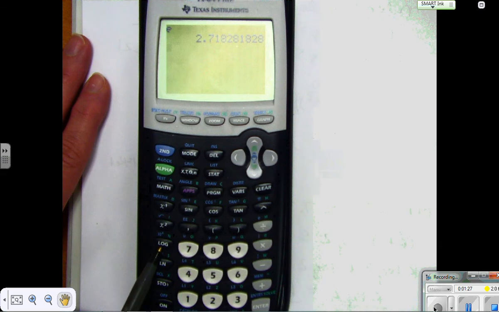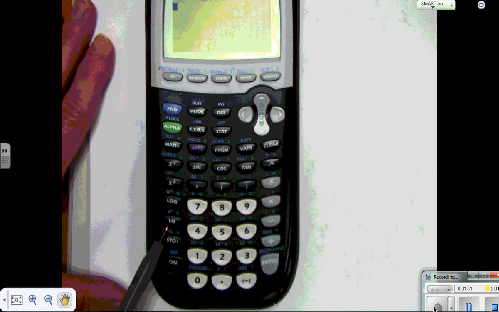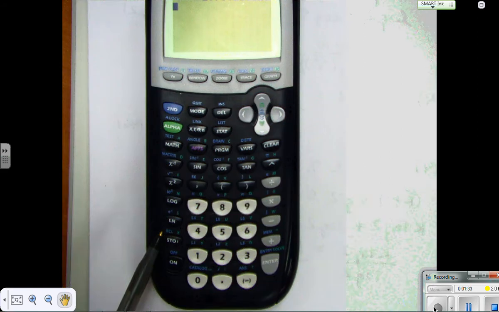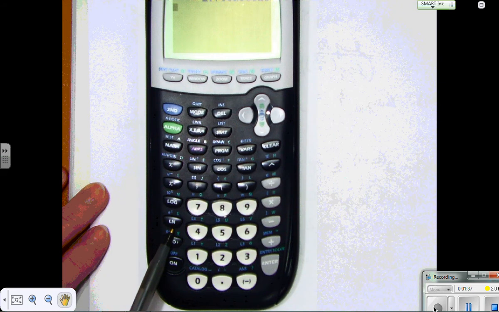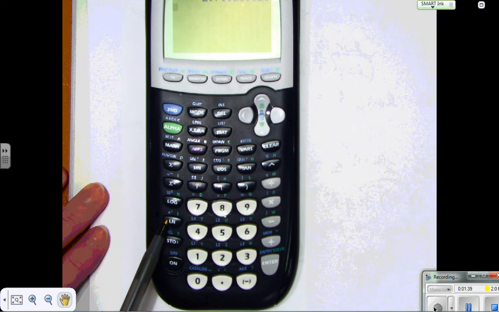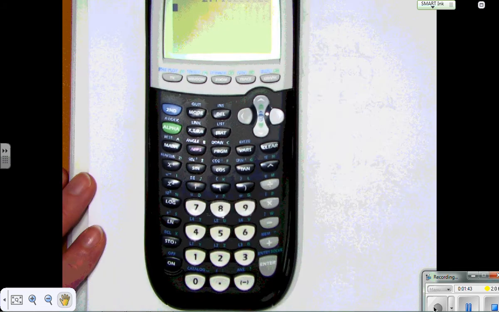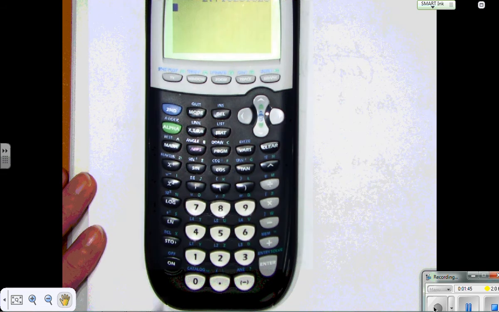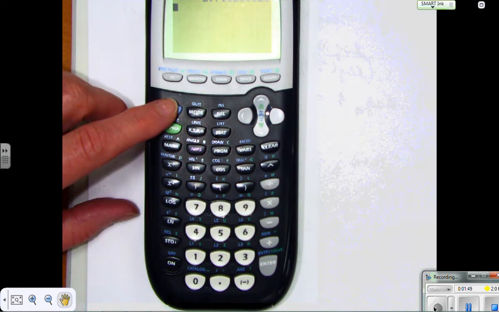Now there's another one. See your logarithm key down here? Right below the log is an ln key, and right above it is e to the x. So if you have an exponent other than 1 that you want to raise e to, then you can use that one. And it automatically gives you the little flashing exponent thing.